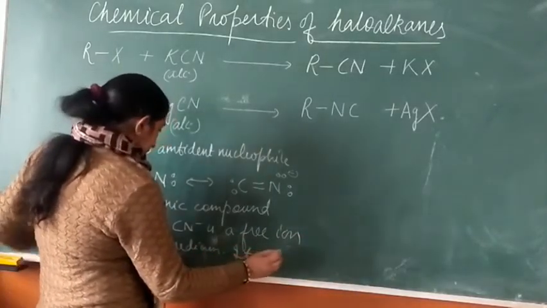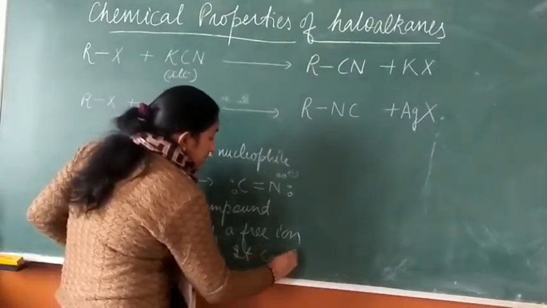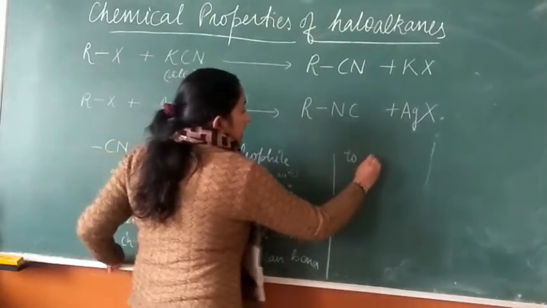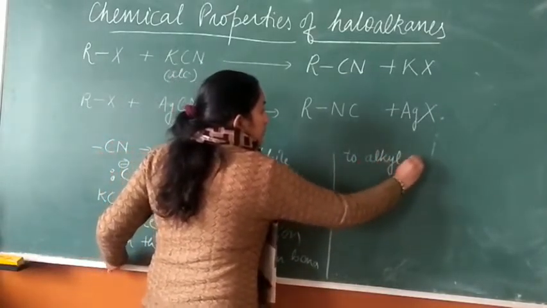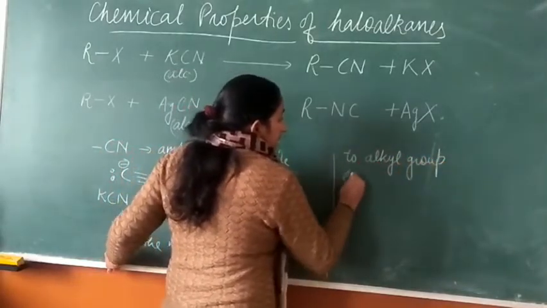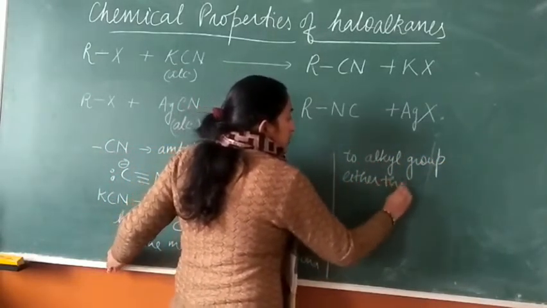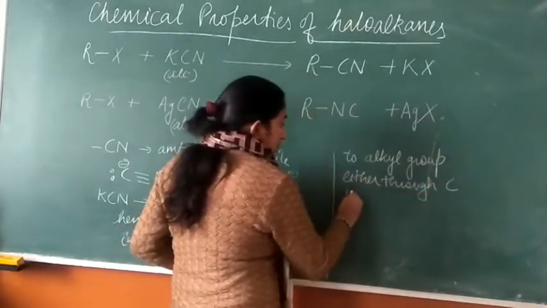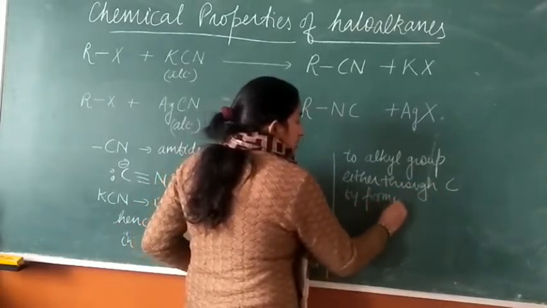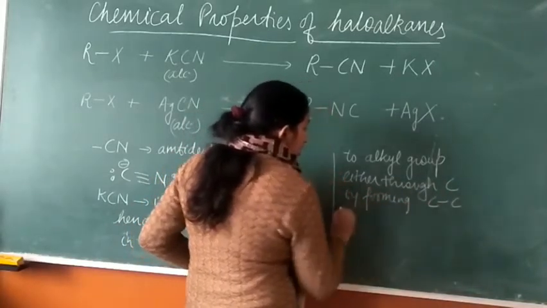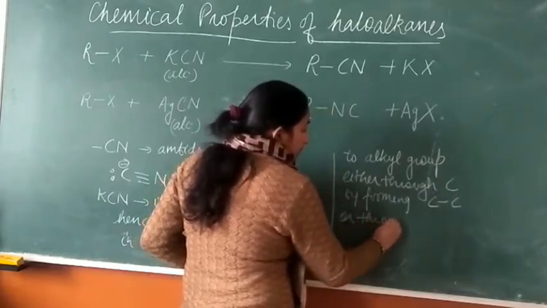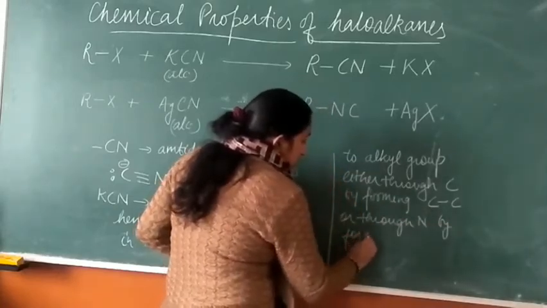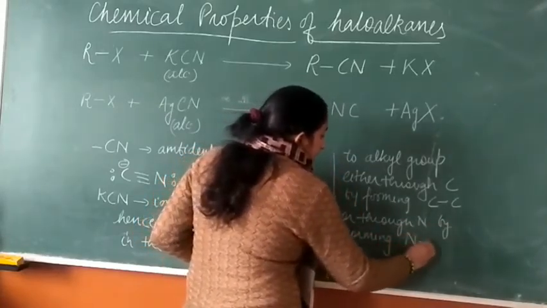It can bond to the alkyl group either through C by forming a C-C bond, or through N by forming an N-C bond.